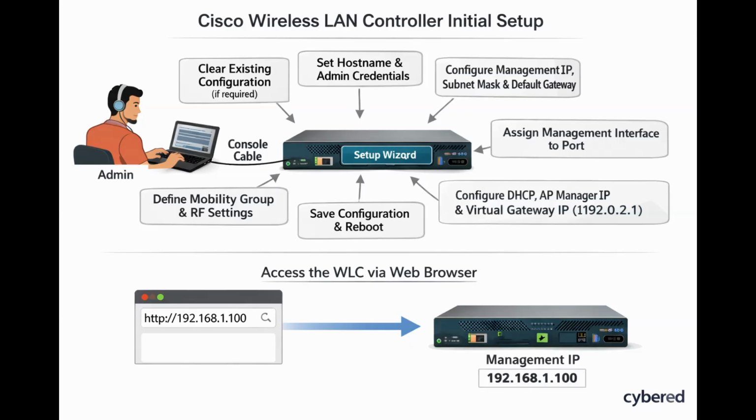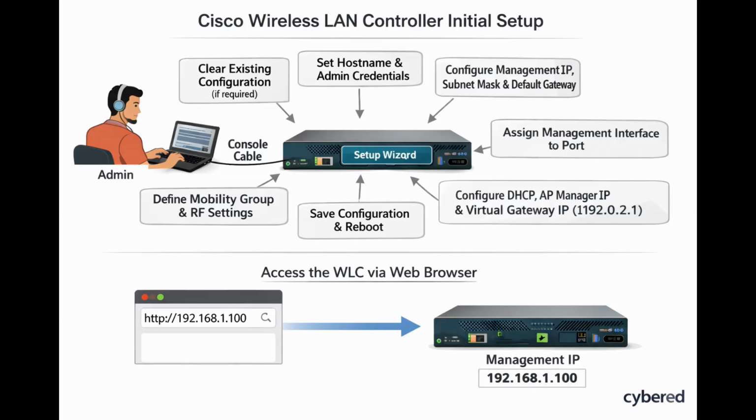High-level setup tasks include clearing existing configurations, if required, setting the hostname and admin credentials, configuring the management interface IP, subnet mask, and default gateway, assigning the management interface to a physical port, configuring DHCP, AP manager IP, and virtual gateway IP, defining mobility and radio frequency group settings, and saving and rebooting the controller.